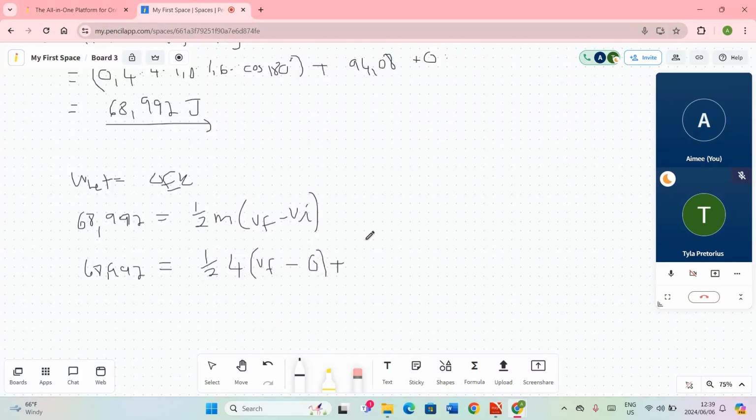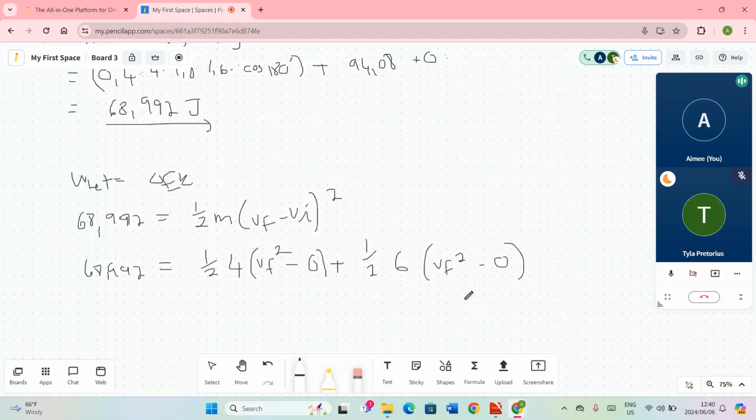plus now the mass and the velocities of the 6 kilogram block. So we say half 6 multiplied by Vf squared. Remember, their final velocities are in fact going to be identical, okay? Because they're connected by a string. So the speed at which one moves has to be the speed at which the other one moves.